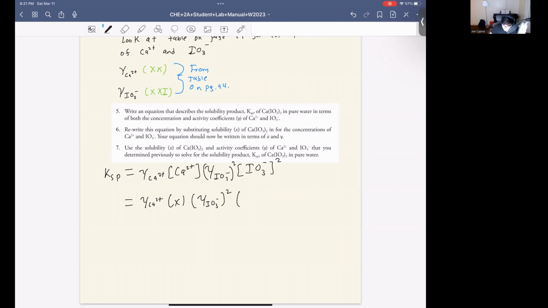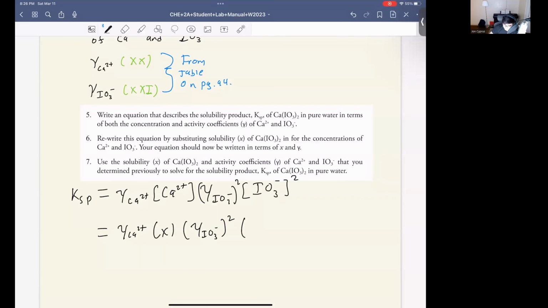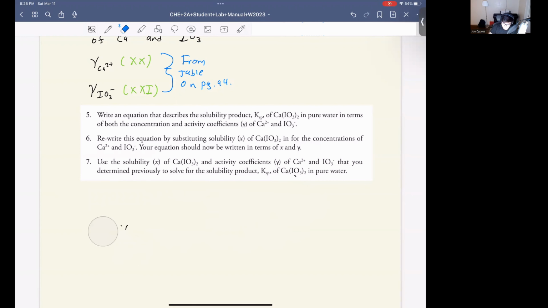Remember the concentration of iodide. This is just the concentration of iodide from the calcium iodate.